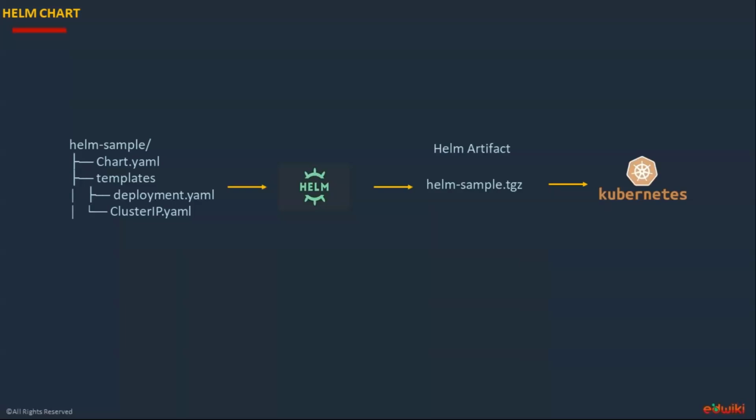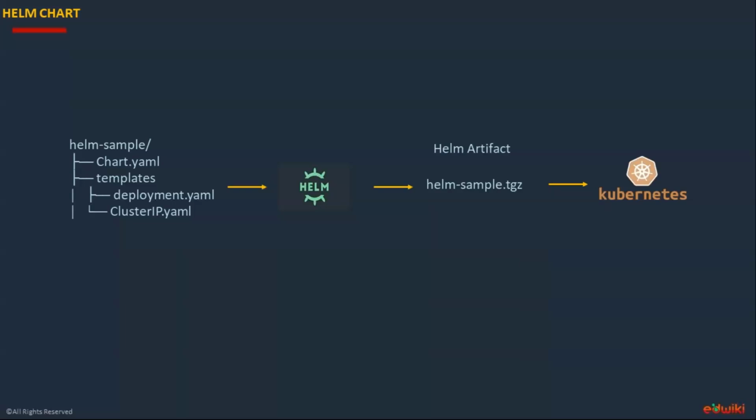That means your Helm chart will not be given to the API server directly, because your API server cannot understand the Helm chart. The API server always needs a manifest file only. So in between, Helm is just preparing a chart, and again it will extract it and create a manifest file out of it, and it will give only the manifest file to Kubernetes when it comes to the deployment.